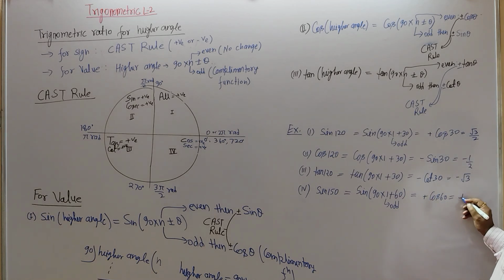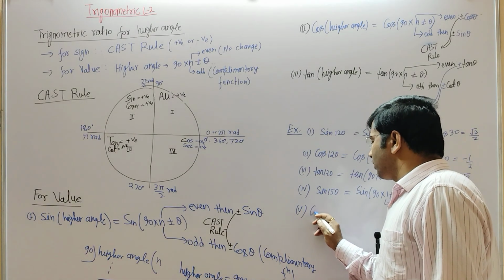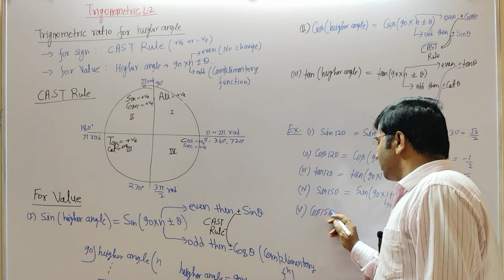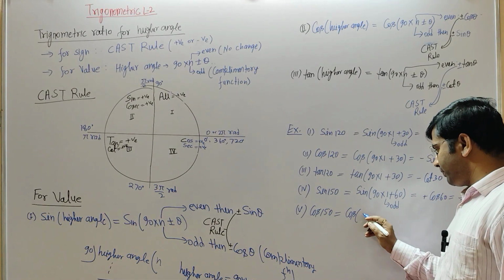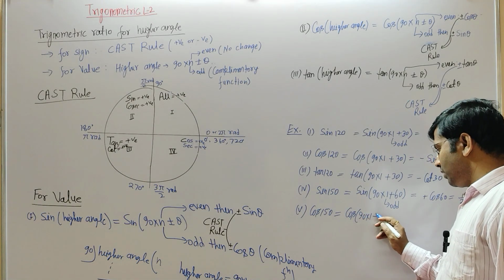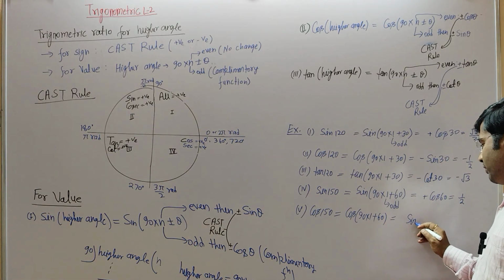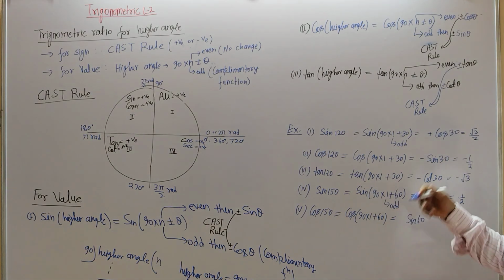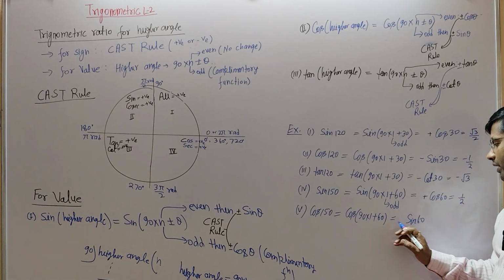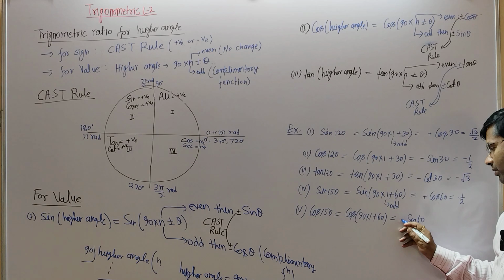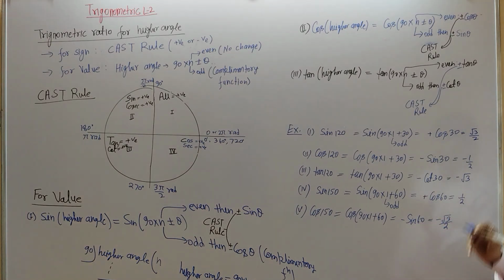So cos 60 is 1 by 2. Next, we can find out cos 150. We can write cos of 90 into 1 plus 60. Now odd, so it will convert into sine 60, and the sign depends on which quadrant the angle lies in. Second quadrant, cos will be negative. So this is minus root 3 by 2.